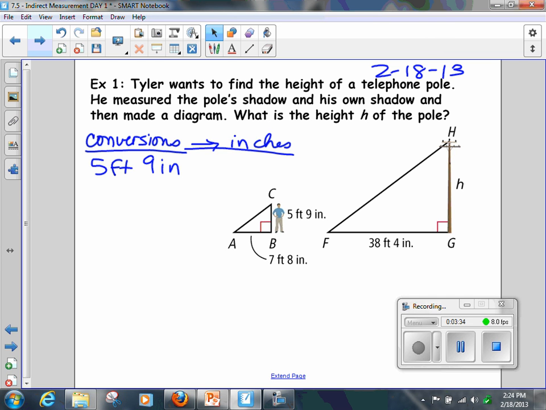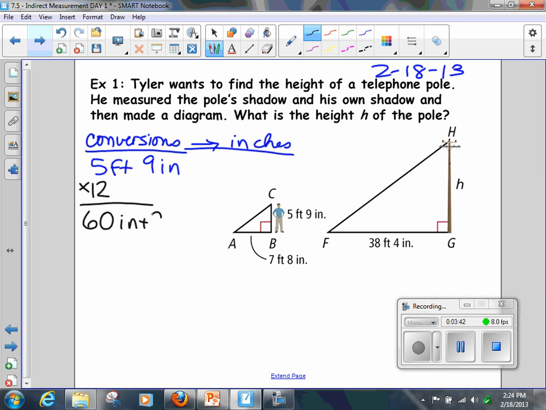Joseph, you said take 12, multiply it by the 5 feet, which is now 60 inches plus 9 inches, which is, what y'all? 69 inches. We have to do the same thing for 7 feet 8 inches and 38 feet 4 inches.